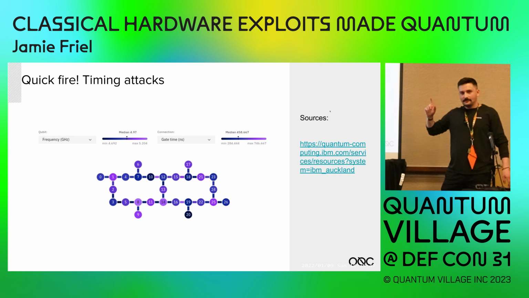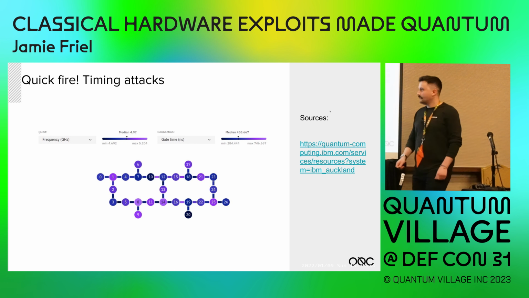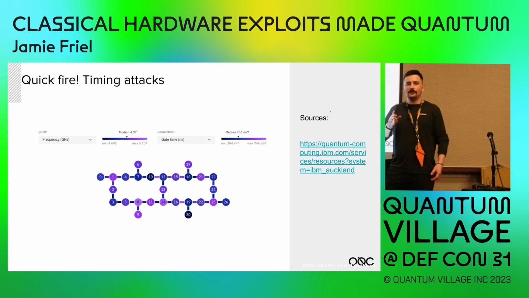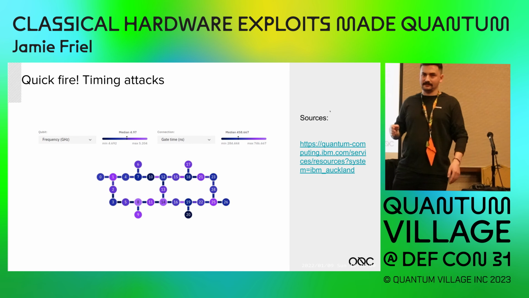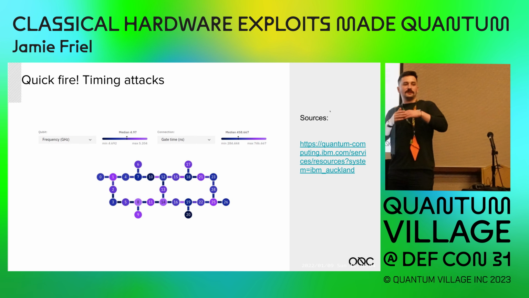Timing attacks. Any crypto engineers here who doesn't love a timing attack? These 2 qubit gates that I mentioned, they're not as simple as just drive it for 100 nanoseconds. They vary a lot. The calibration doesn't just check for the frequency, but also the amplitude and the length of time it takes.